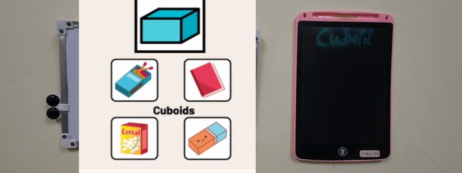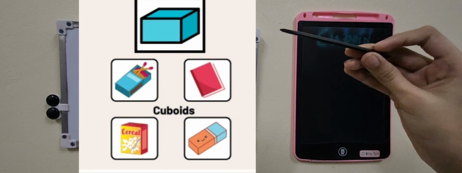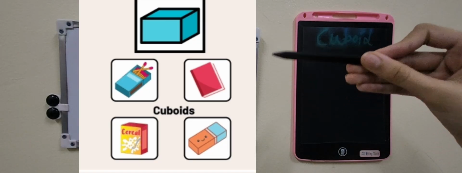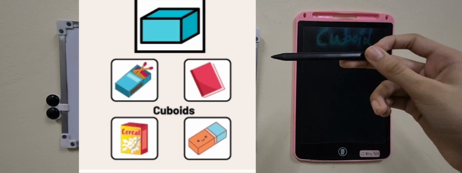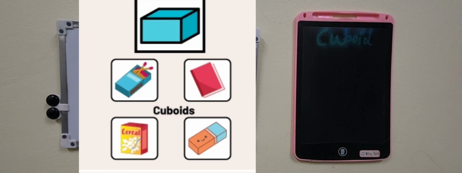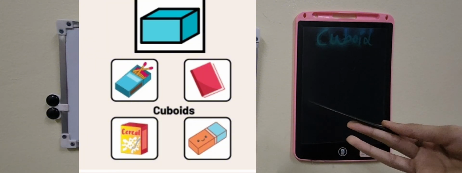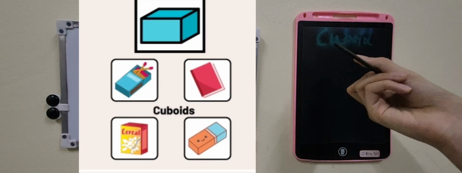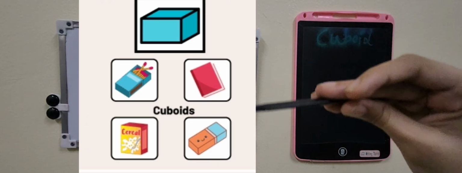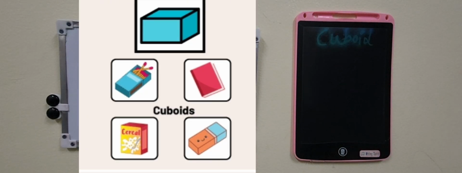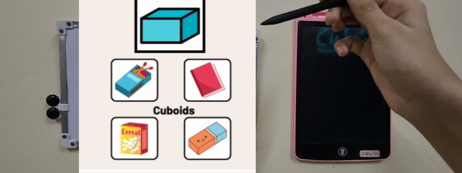For our first 3D shape, we have the cuboid. I'm going to put up some pictures as examples of cuboids in real life, and also a drawn or digital cuboid. Our first example of a cuboid is the cupboard.